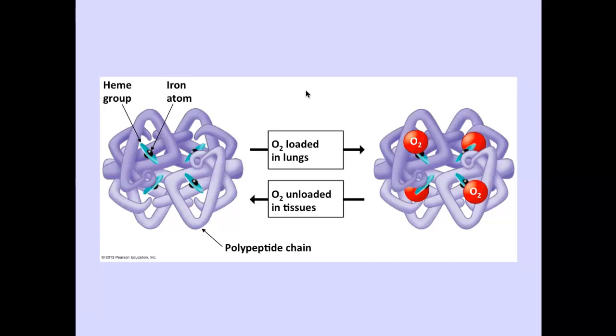What's oxygen for? Why is oxygen so important for our bodies? If you remember back to the beginning of the semester, we talked about cellular respiration. We need oxygen because our mitochondria use it in cellular respiration, that electron transport chain. Oxygen is needed to accept that final electron and make ATP.